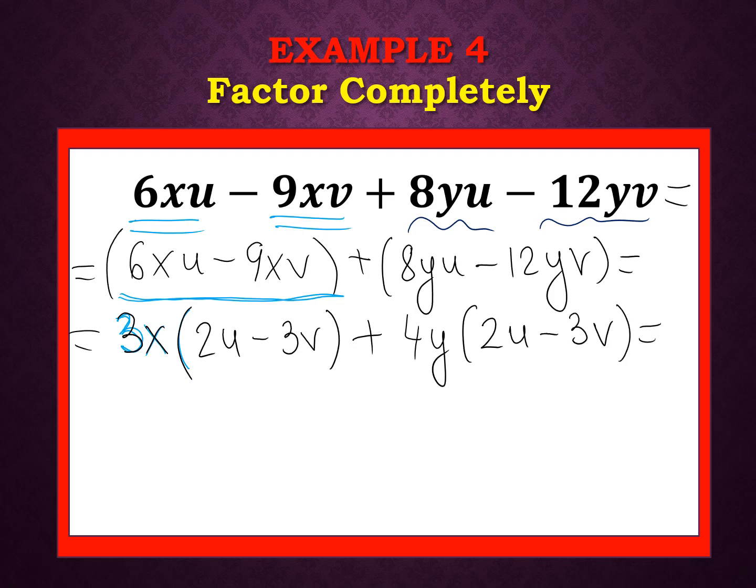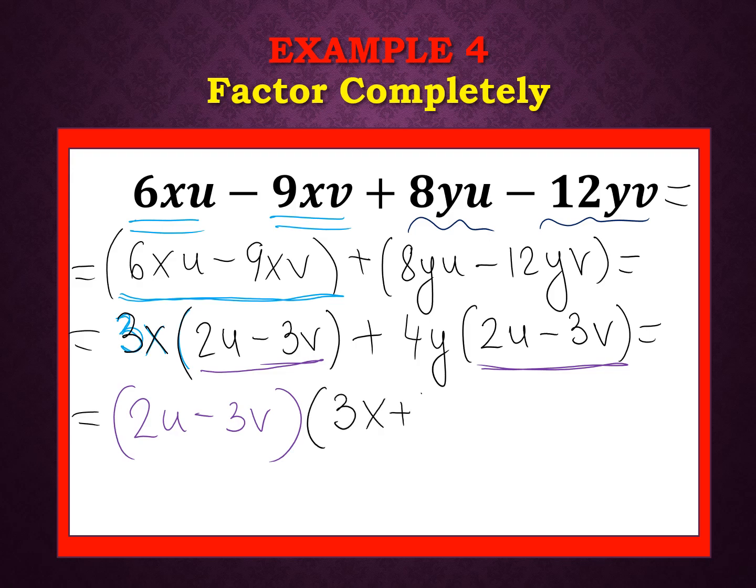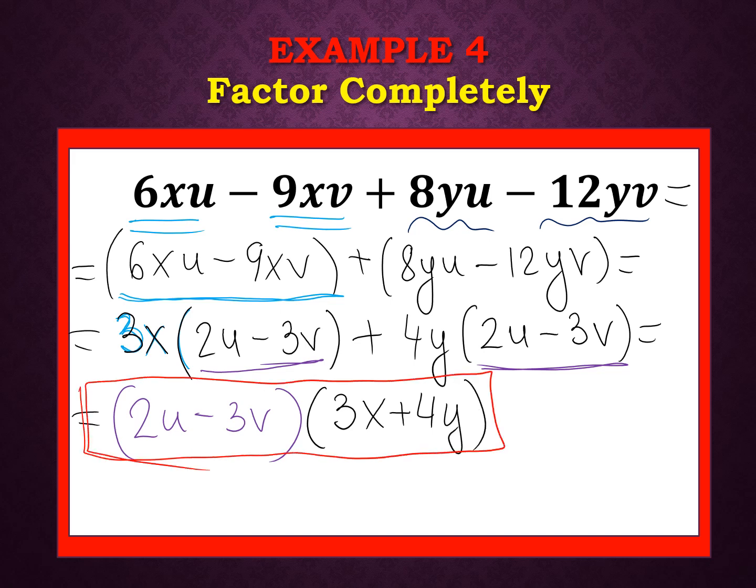Perfect. Now our expression has common factor 2u minus 3v. So 2u minus 3v is our common factor, and open parenthesis 3x plus 4y. It is the factored form of our given polynomial.